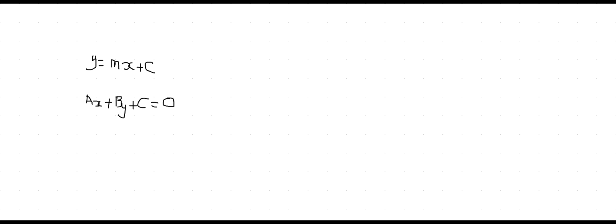So I was saying that there are several methods of graphing, and I'm going to talk about at least 3 in this video. The first one that I mentioned was using the y-intercept and a point.